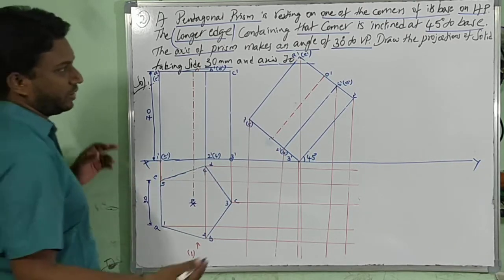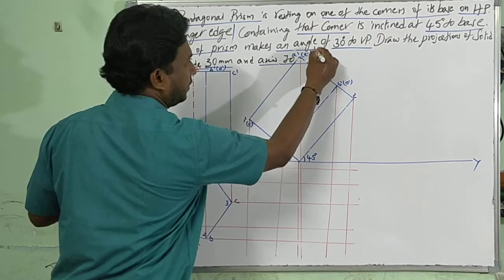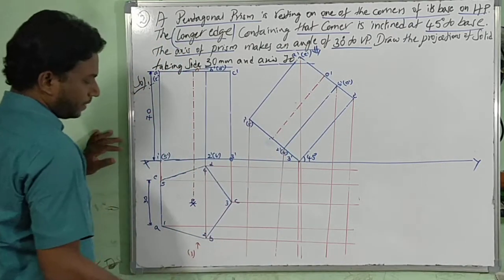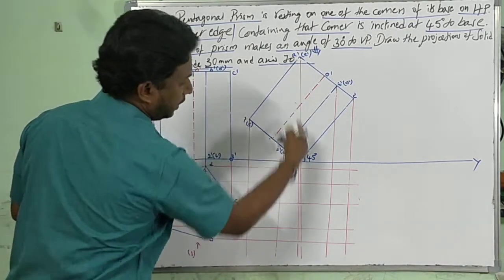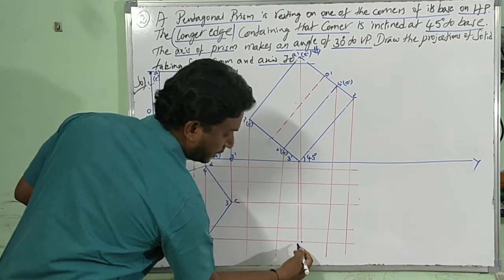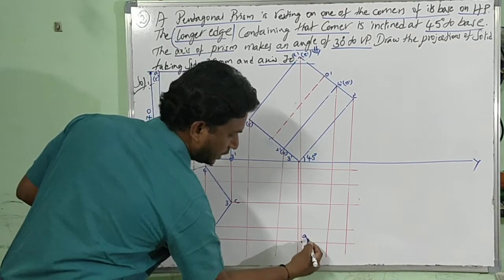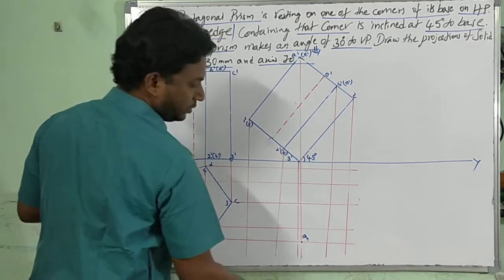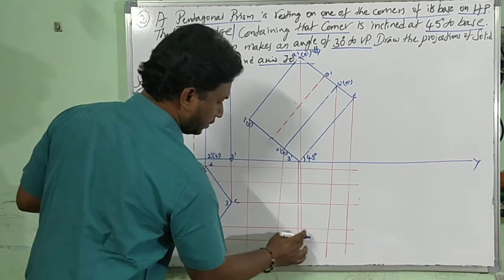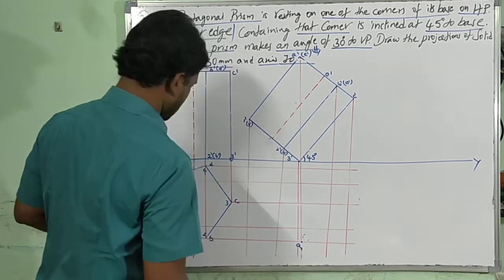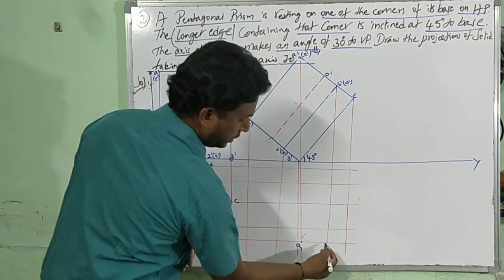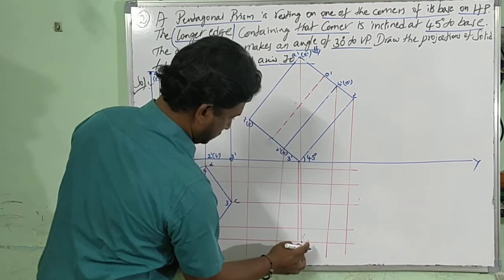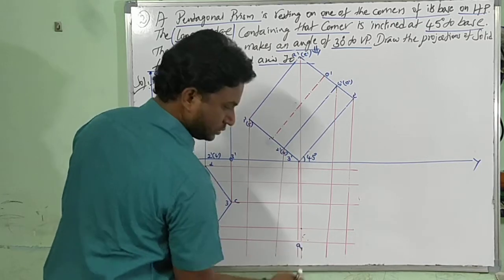Now pick the intersection points. Top view is nothing but looking from here. Now A to A dash, here comes a new point which is A1. Okay, I will write it outside.